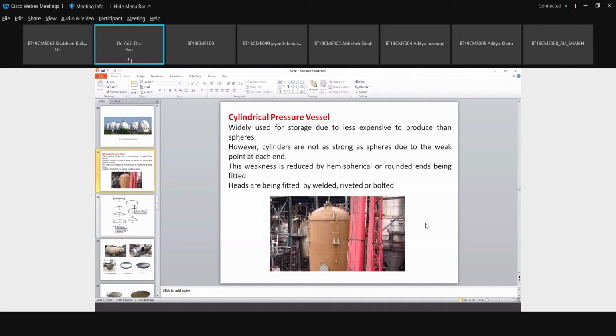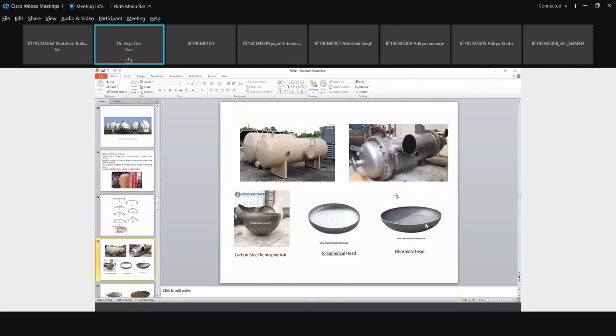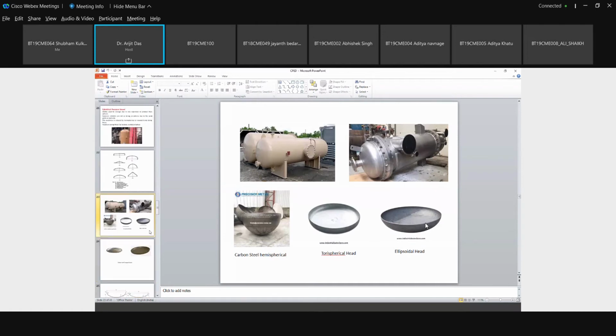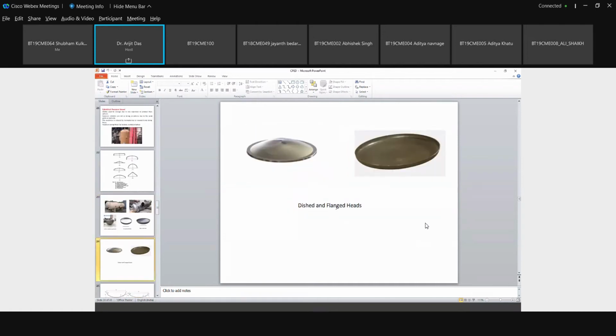Other types of formed heads are the toruspherical head, ellipsoidal or elliptical head, and hemispherical head. And there is a disc and flanged head. You see here, there is a flange, and this is a disc head. So we need different types of heads depending on the pressure requirement.